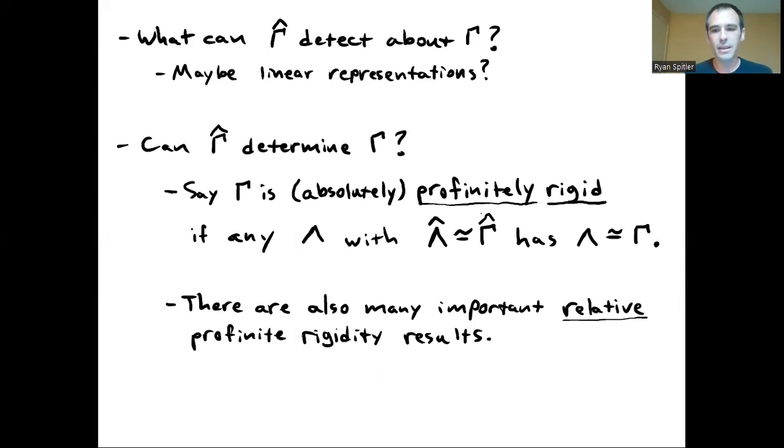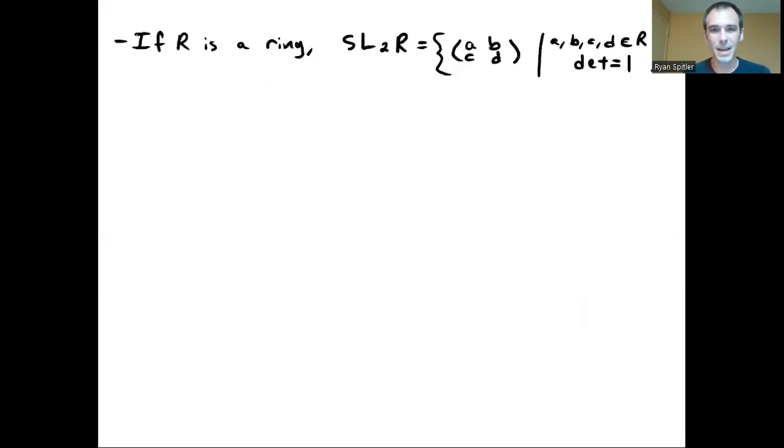Okay, so that maybe concludes the motivation and the background definitions. Then there are some specific things that I use in my main talk that I wanted to be sure everyone was clear about. The first one I wanted to define is PSL2R. We're just going to have R being any ring, which usually means commutative with an identity element.